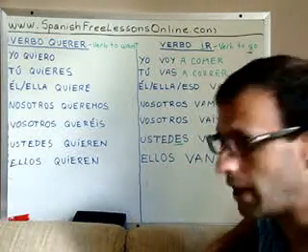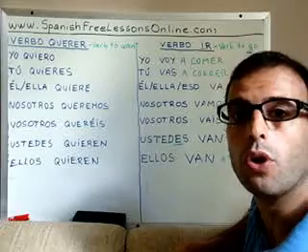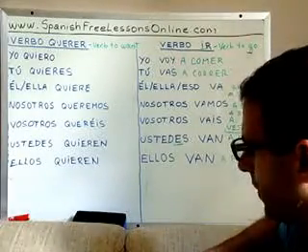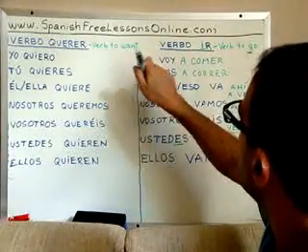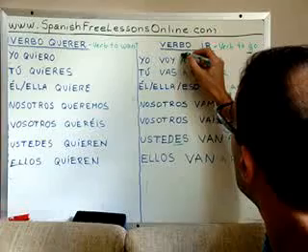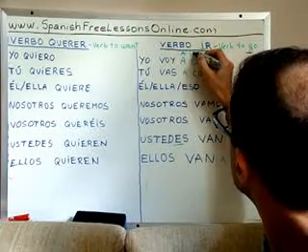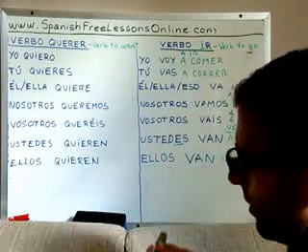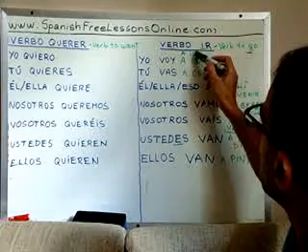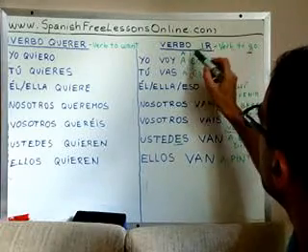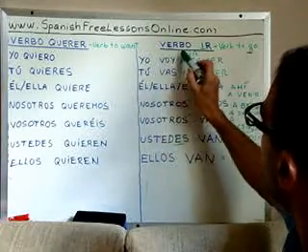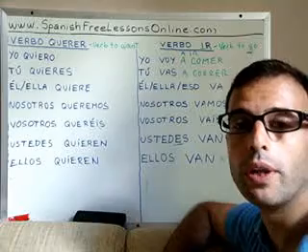If you want to say I will go, you can say yo voy a ir. You see? Ir. It's the same verb in infinitive, right? Yo voy a ir. I will go.